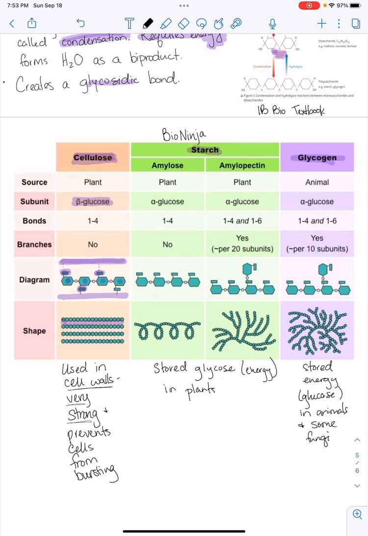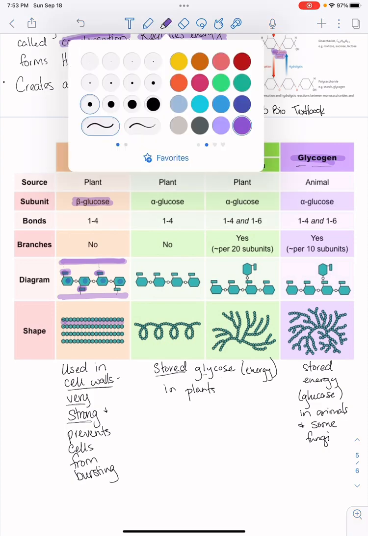Now, starch and glycogen have different functions. Starch and glycogen are used for storage of energy in the form of glucose, okay? And they all use alpha glucose. So here's our first big difference, okay?